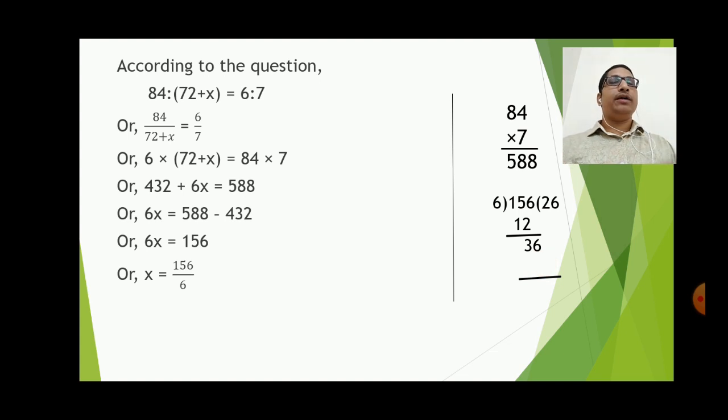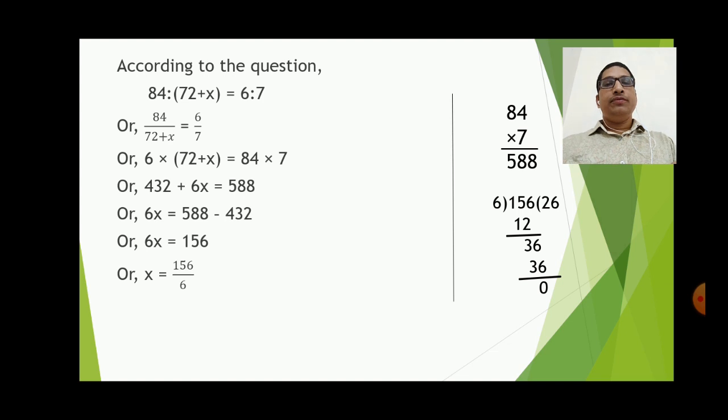Now how many times can we take 6 in 36? Definitely 6 times. So 6 multiply 6 is 36. Now subtract it. If we subtract, then there is no remainder, that means 0.